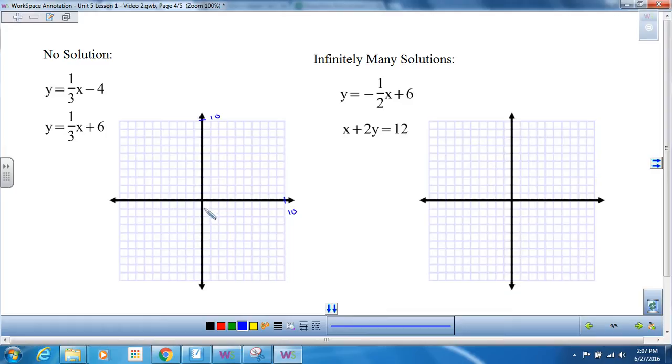So -4 is where I start, the first line, then up 1, right 3. And then up 6 for my second line, up 1, right 3.